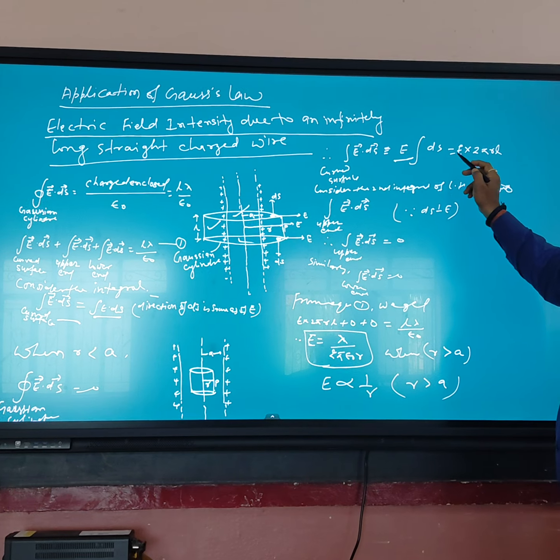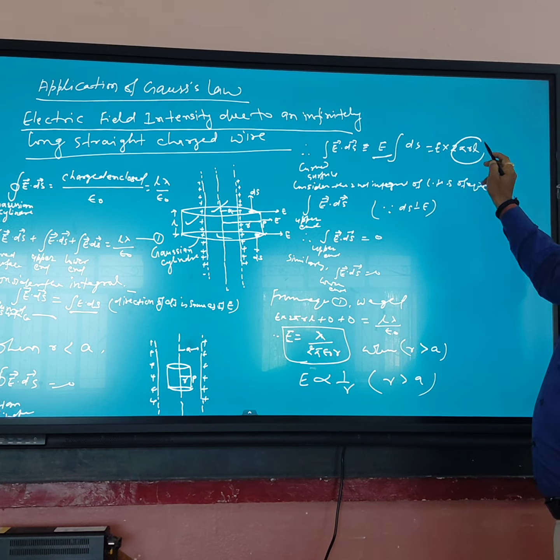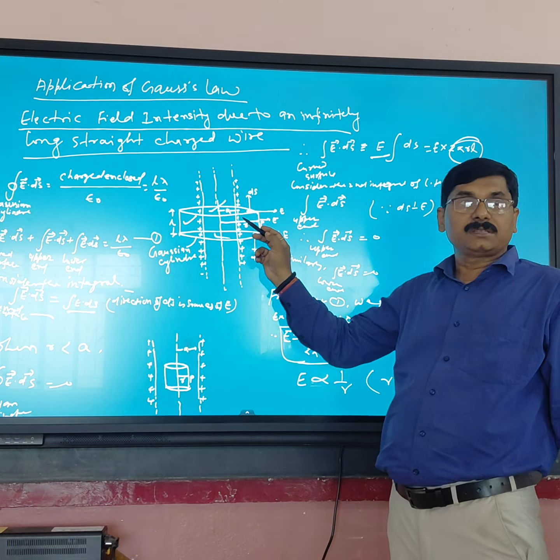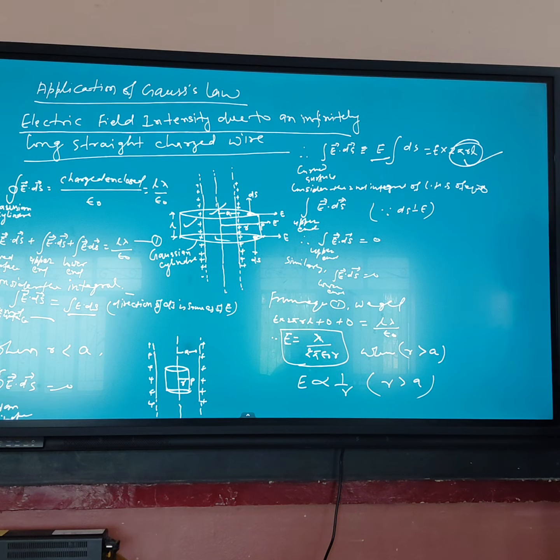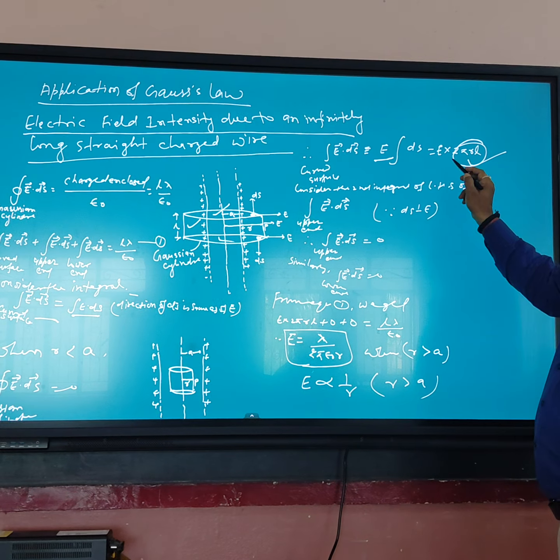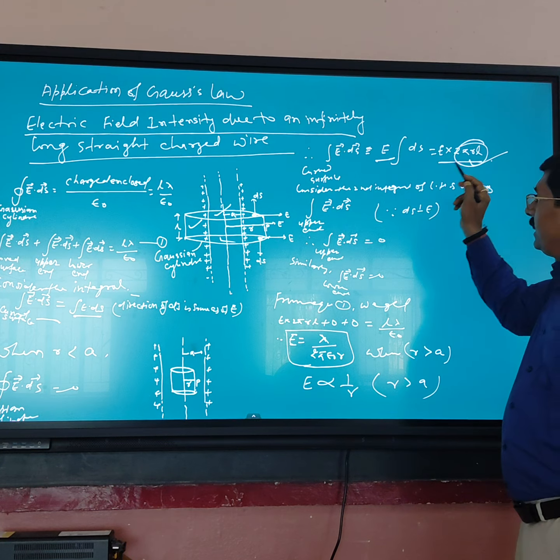Then E integral ds, and ds is the area of the curved surface. The area of the curved surface is 2 pi r l.